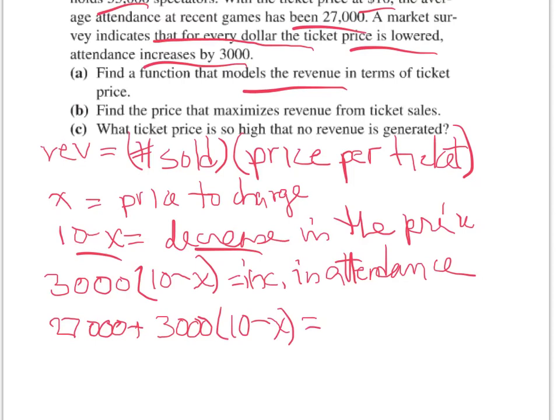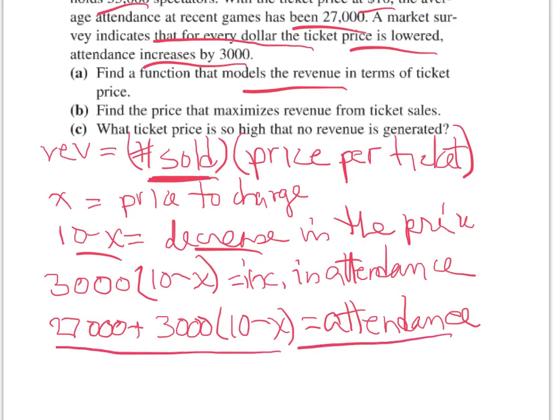So that's our actual attendance, or in fact, the number of tickets that are sold. So up here where I say the number of tickets sold, we can put this, 27,000 plus 3,000 times 10 minus X.